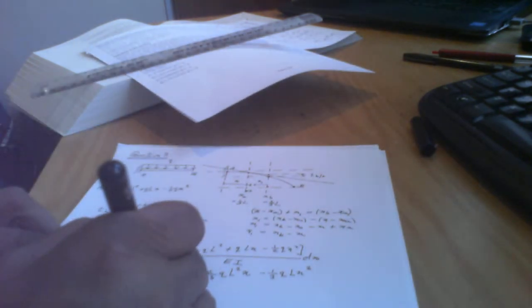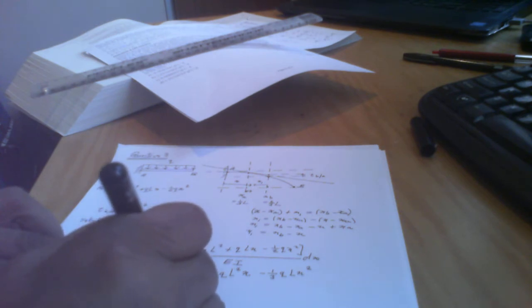So I would say that would be plus a half QL squared x minus QLx squared plus a half Qx cubed.